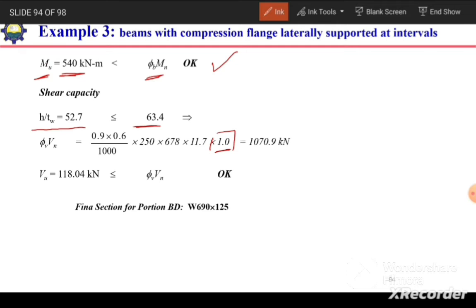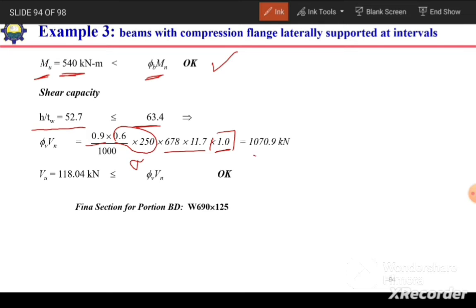For that, the design capacity will be equal to 0.9 times 0.6 times Fy, which is equal to tau, and then the area of the web, depth times thickness of the web.